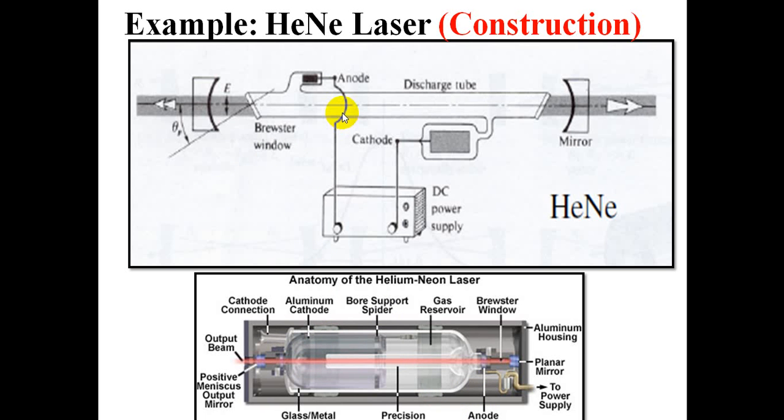In this laser, the active medium is the mixture of helium and neon gas in the ratio of 10:1, which is filled in a narrow tube.